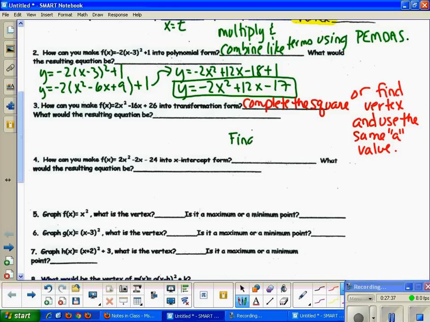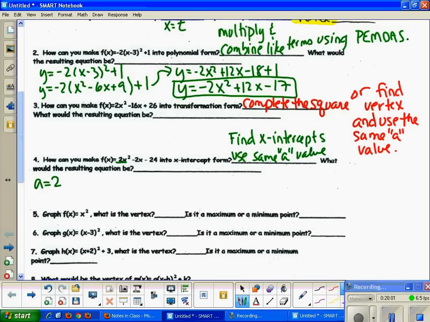So I would find the x-intercepts and then use the same a value in your original equation. So for this one, notice your a value right here is 2, so I know that's going to be the same.